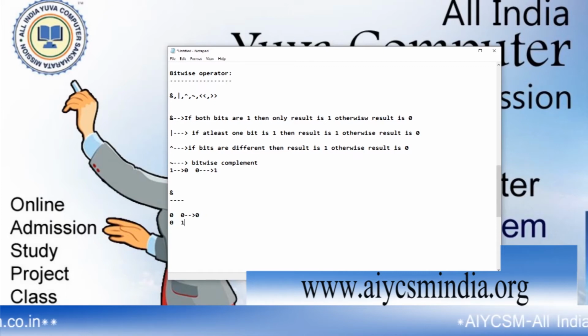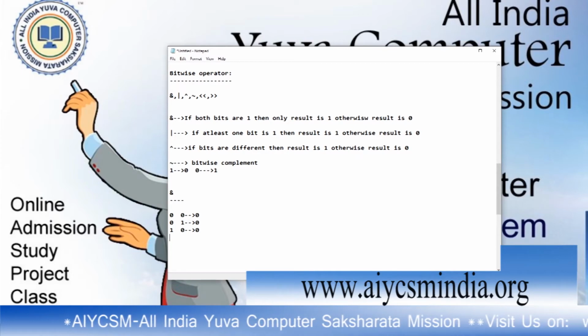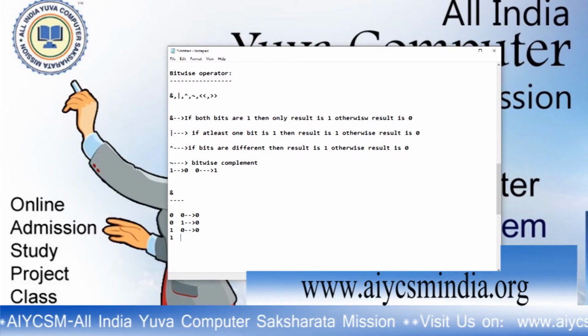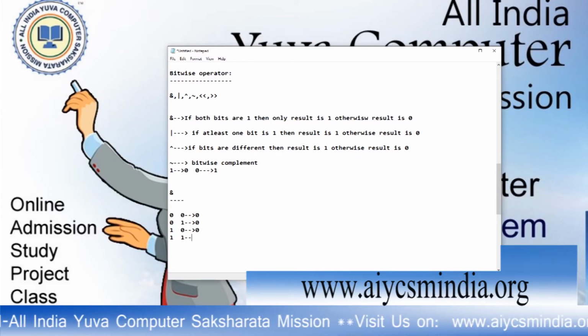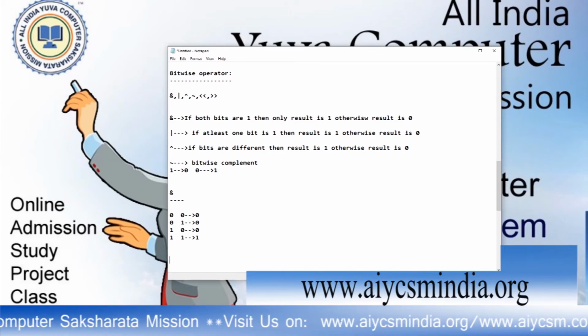Then 0 1 is also 0, it is multiplication. If it is 1 0, it also indicates 0. If both bits are 1, then only the result is 1.